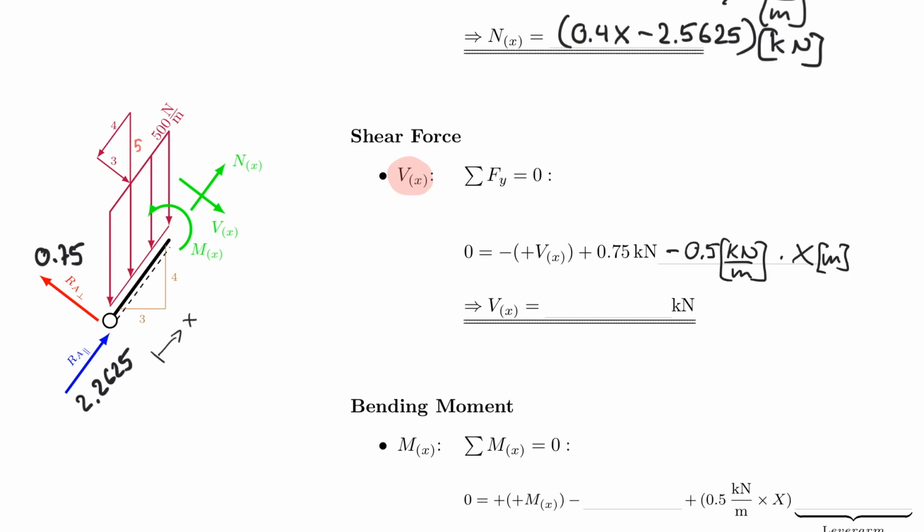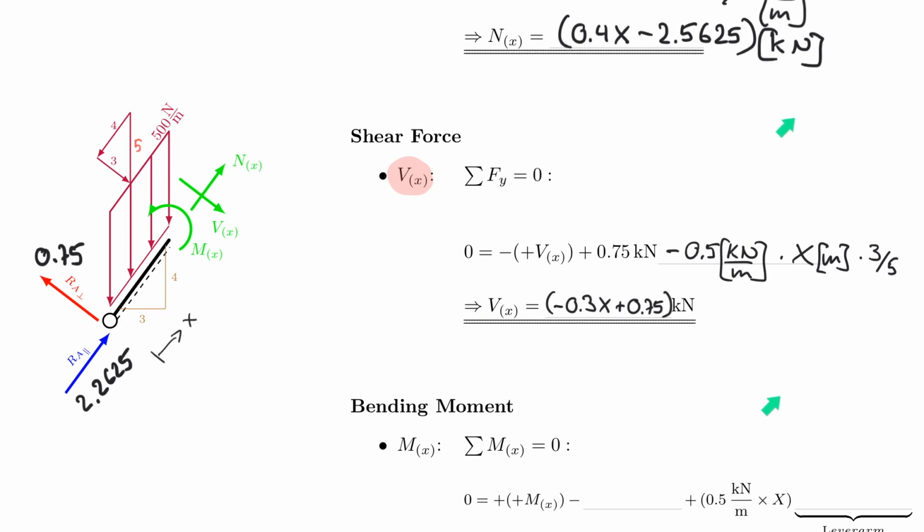But once again, I need to break it down to the 3/5 component, so times 3/5. If I solve this now, I will find that it's negative 0.3x plus 0.75, and that is in kilonewton. Once again, I can run x from 0 to 5. And if I plug in 0, I need to find 0.75, which is the case here. So that concludes the shear force.